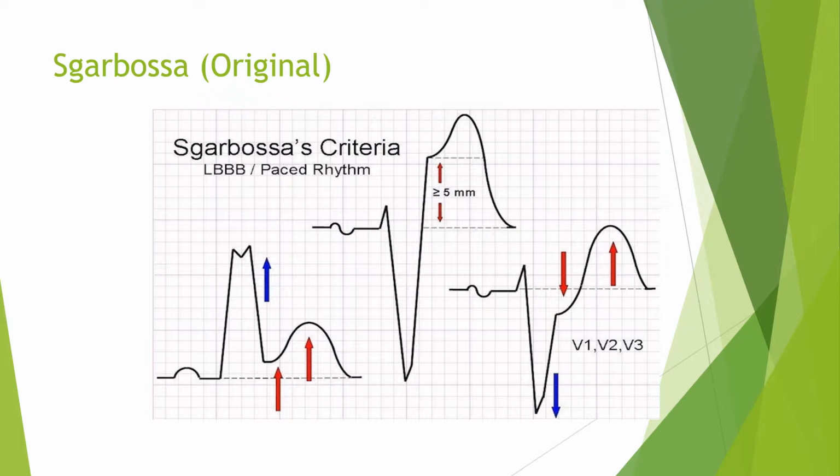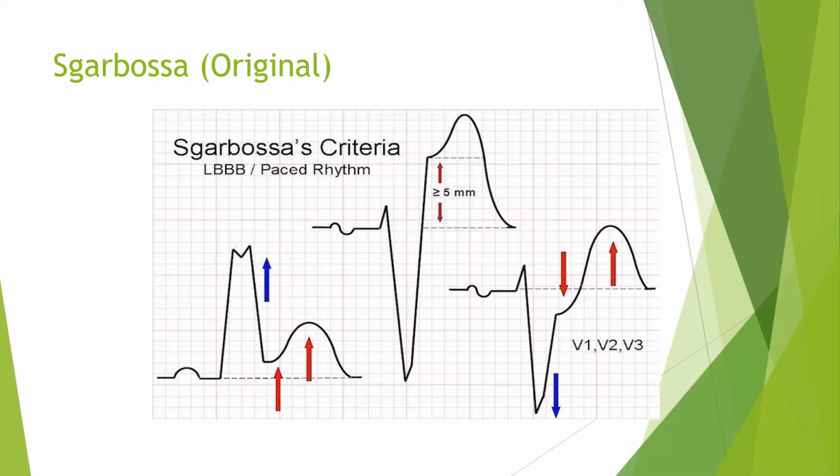Now, in V1, V2, and V3, the QRS complex in a left bundle is always negative, so you will have a downwards QRS complex, just like you see in the graphic, with an upright T wave. Based on what I had already talked about, with the T wave pulling the ST segment with it, what you should expect here, if anything, is a little bit of ST elevation.